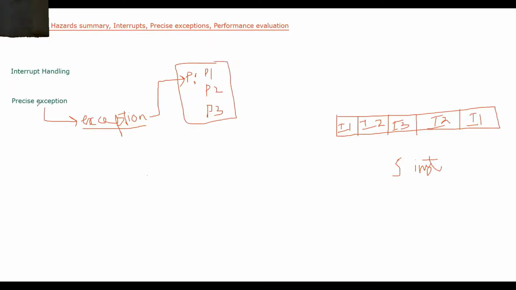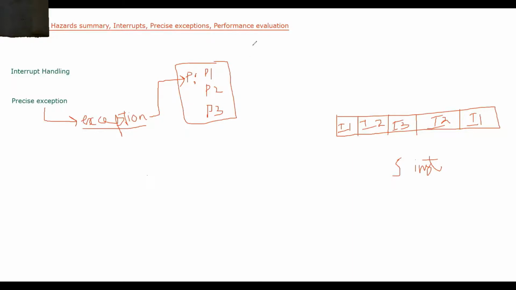So if my processor is executing an instruction and during its execution an exception occurs, then what should I do? The general scenario is that I should stop my current program and run the exception handler.